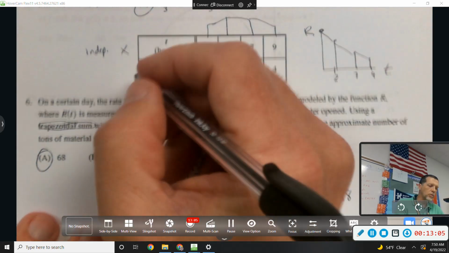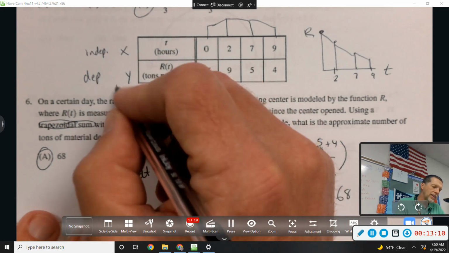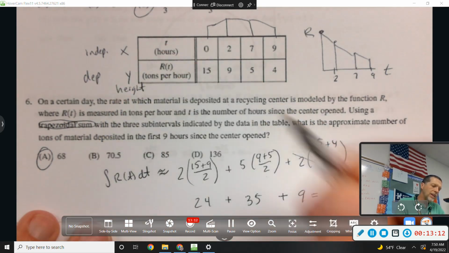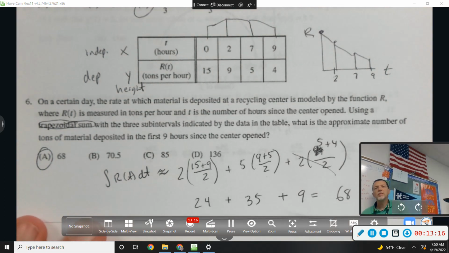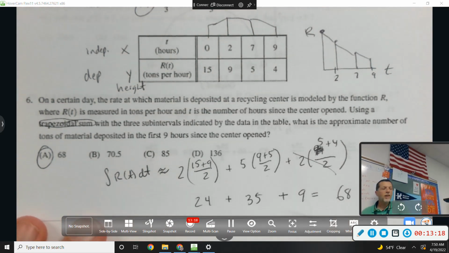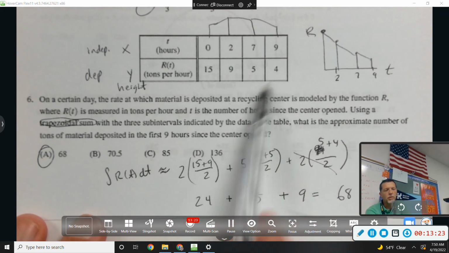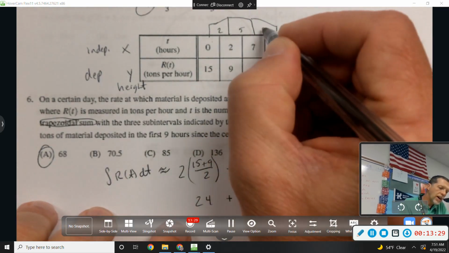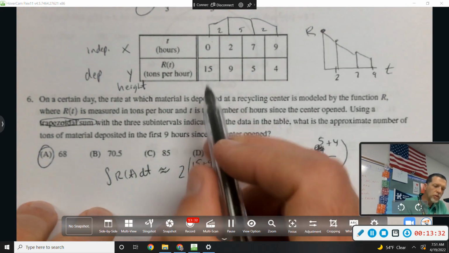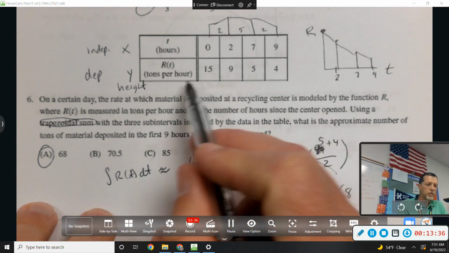And your y value is the dependent variable, is the height. And unless they're really being tricky, the top one is always, knock on wood, always the independent variable. So the top one would always be the width of the rectangle, and the bottom ones would always be the heights. So you're always going to use these differences, 2, 5, 2, and then you'll always use these heights. Maybe not all of them, because if you're doing a right sum or a left sum, whatever.